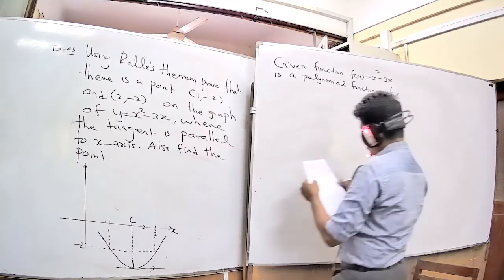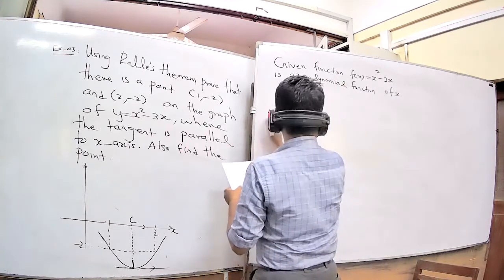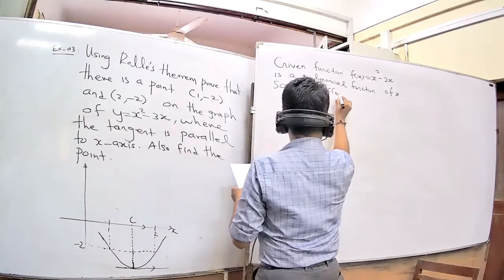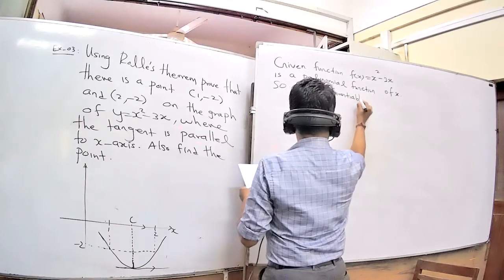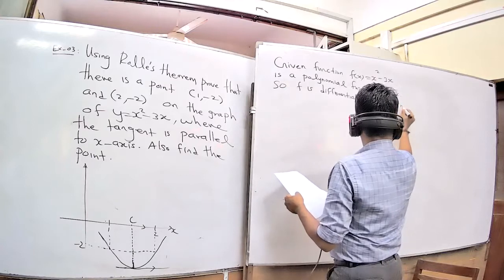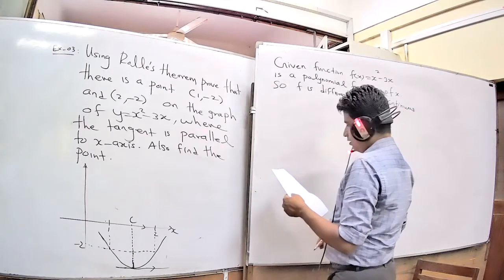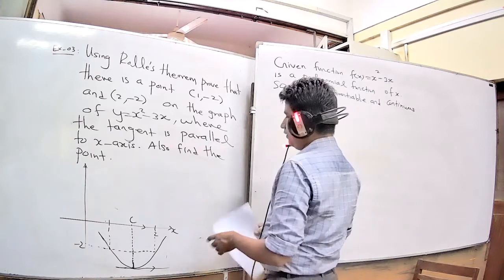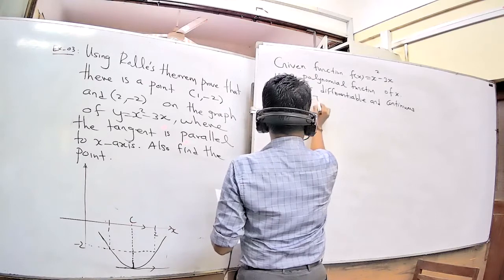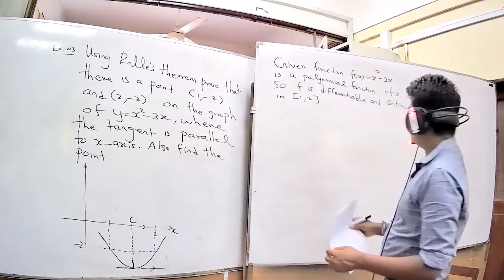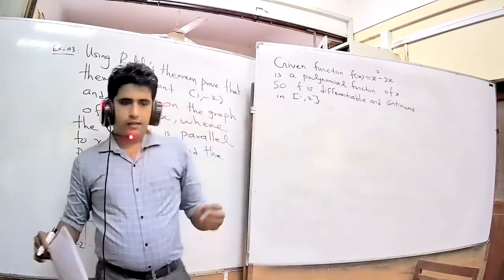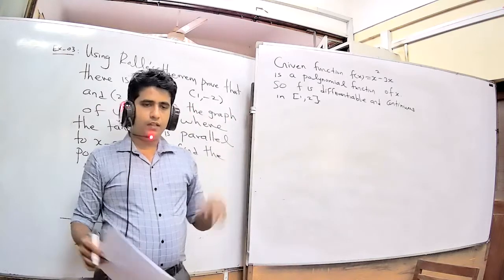So f is differentiable and continuous. What is the interval here? 1, 2. Therefore, f is differentiable and continuous in [1, 2], and f is differentiable in the open interval (1, 2).